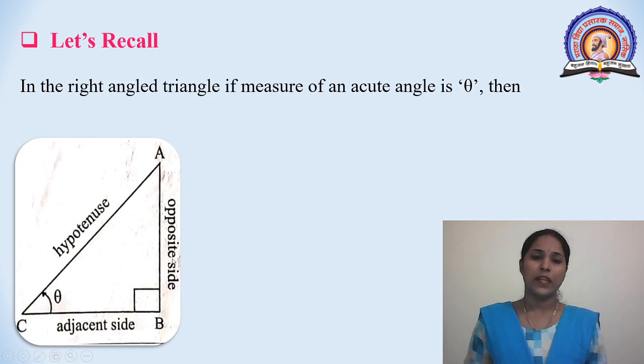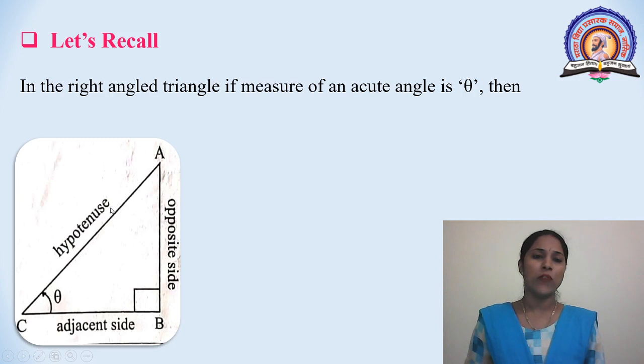Here AB is the opposite side, BC is the adjacent side and AC is the hypotenuse, and angle B is a right angle. Here theta is acute. First we must know what is meant by acute angle: the measure of angle less than 90 degrees. This type of angle is called acute angle.